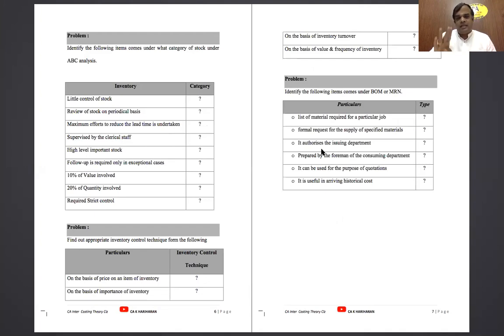This type of 4 or 5 mark question is frequently asked. Questions will give the nature of the inventory, and you have to identify the category. You just write the category. Further, you have to learn the theory. A, B, and C is the category. Each one carries 1 mark.